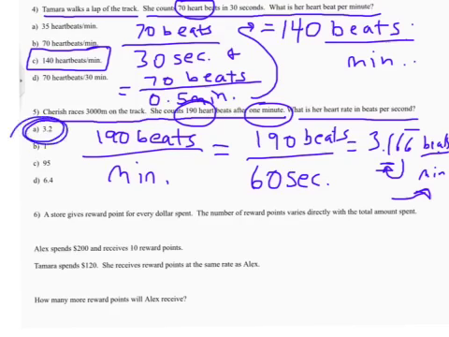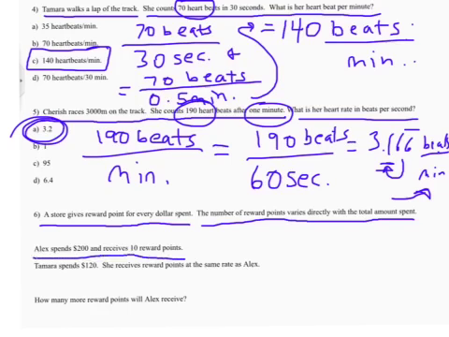Now let's look at question 6. This is a little bit more complicated. It says a store gives reward points for every dollar spent. The number of reward points varies directly with the total amount spent. Alex spends $200 and receives 10 reward points.